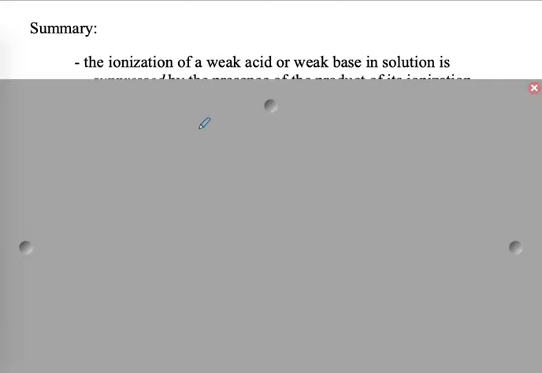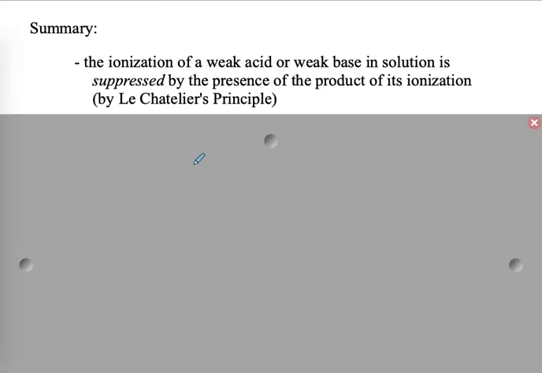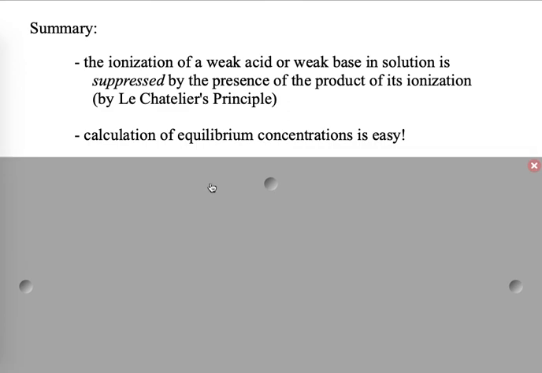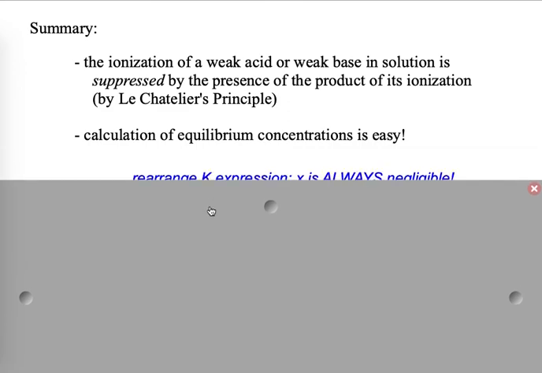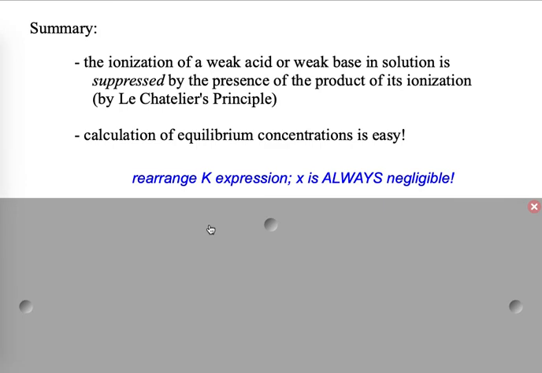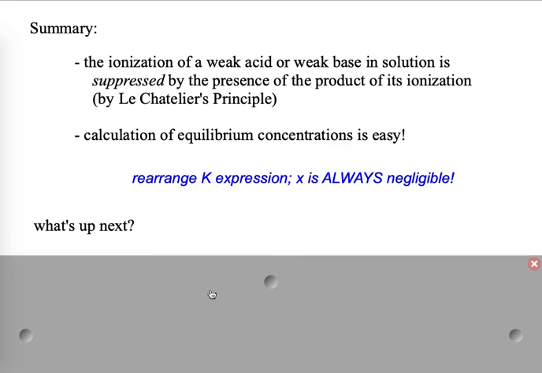The ionization of a weak acid or weak base in solution is suppressed by the presence of the product of its ionization by Le Chatelier's principle. And the calculation of equilibrium concentrations is easy because we can always make the simplifying approximation: simply rearrange the K expression to isolate whatever you're trying to find, and x is always going to be negligible in comparison with the initial concentration.